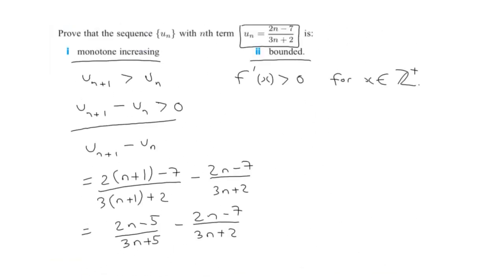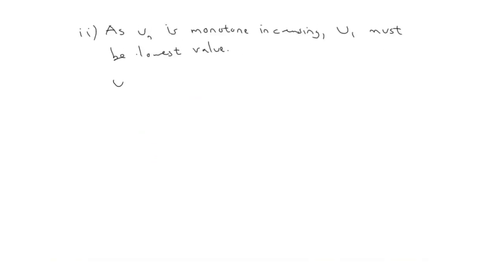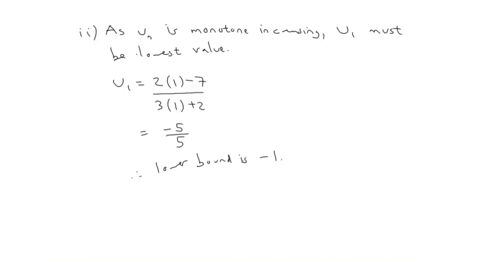So u1 equals 2 times 1 minus 7 over 3 times 1 plus 2. So that is, well, 2 minus 7 is minus 5. 3 plus 2 is 5, so minus 5 over 5 equals minus 1. So lower bound is minus 1.